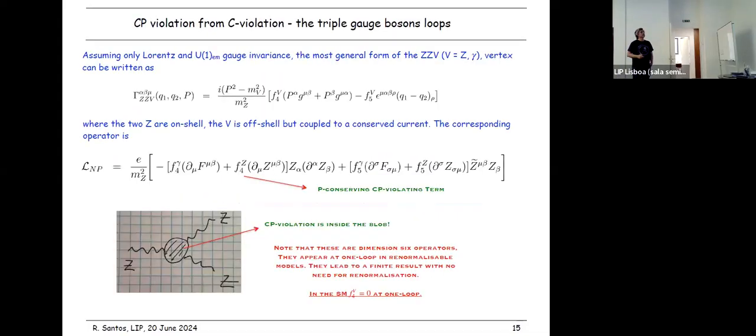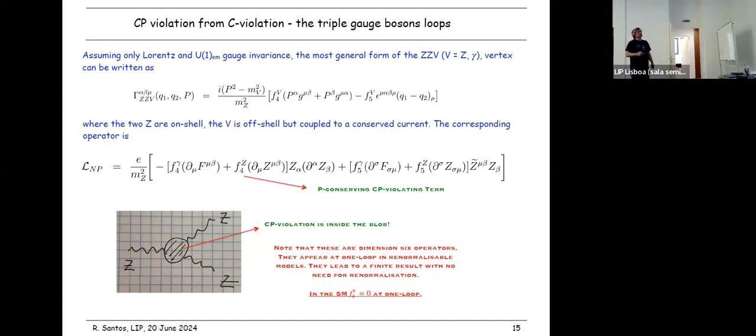Okay? Good. So another possibility is to look at things inside the loop. Sometimes people ask, why are we measuring anomalous triple Z vertices at the LHC? They could also have CP violation inside. And how do you know that?